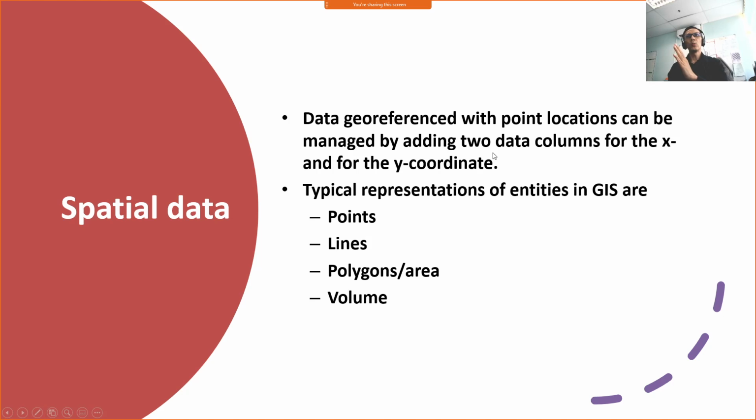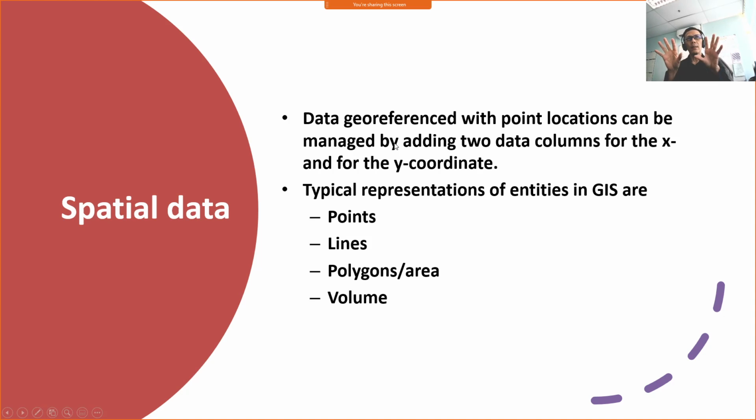Usually we have two data columns. Imagine you got a data set, we are familiar with data sets, columns and rows. So in georeference data, there are two columns which usually are represented by x and y coordinates, or lat or long.